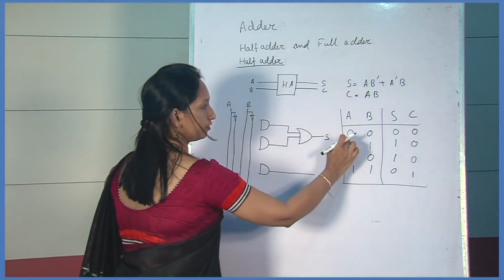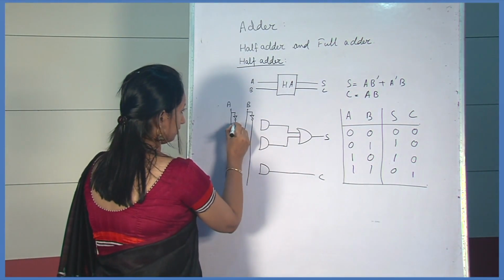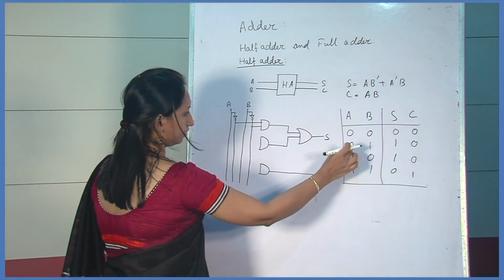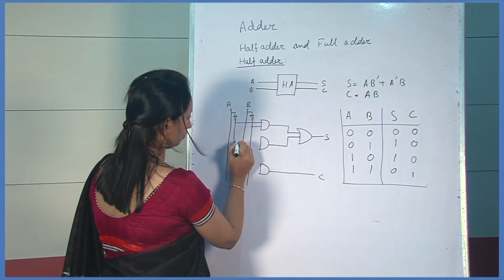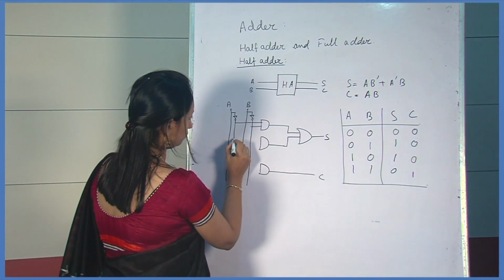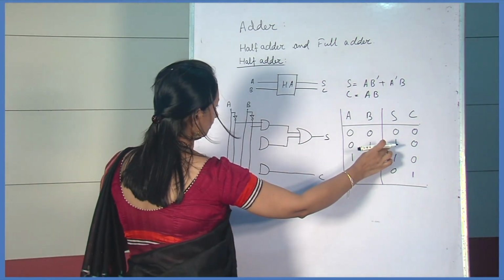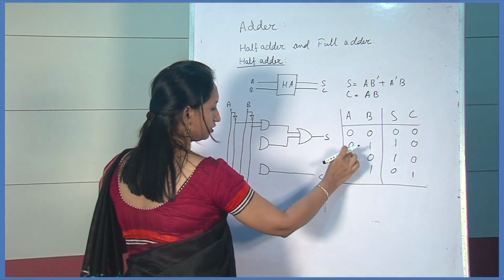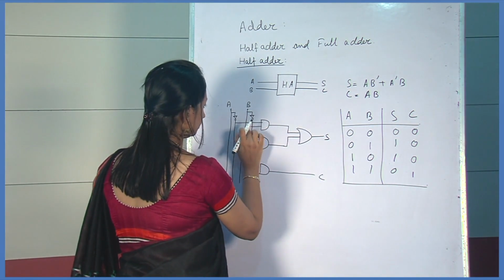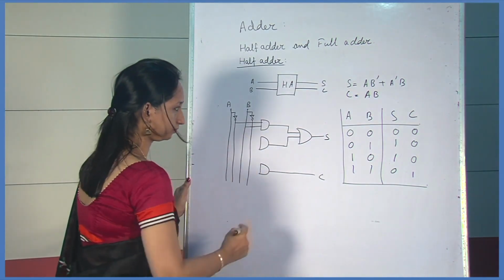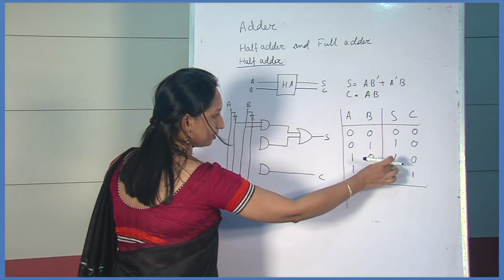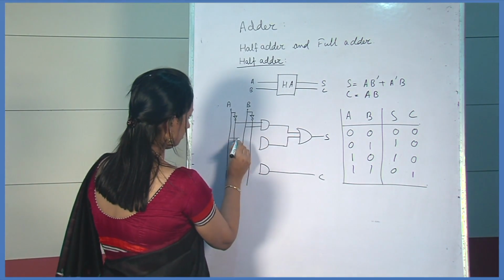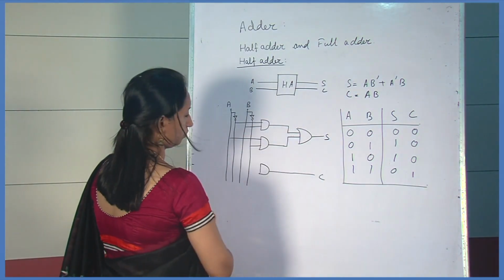So for the first case, 0, 0, that means A0 and B0. For the second, 0, 1. The sum is high when the combination is 0, 1, so we have to put 0 and 1. For the next case, the sum is high when the input combination is 1, 0. So this is 1 and this is 0.